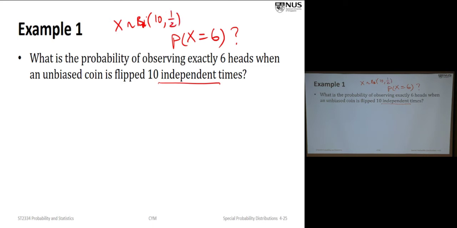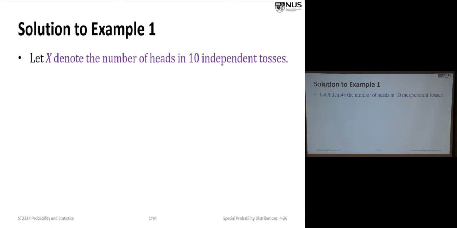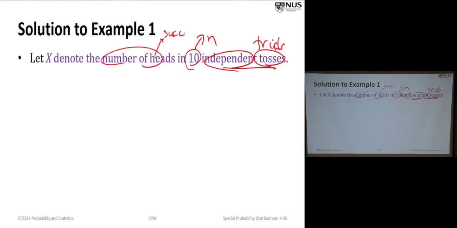Why half? Because it's an unbiased coin. That means it's a fair coin, not biased towards either one. So the chance is half. So x is the number of heads in 10 independent tosses. This is my n, these are the independent trials, and this is the number of successes.